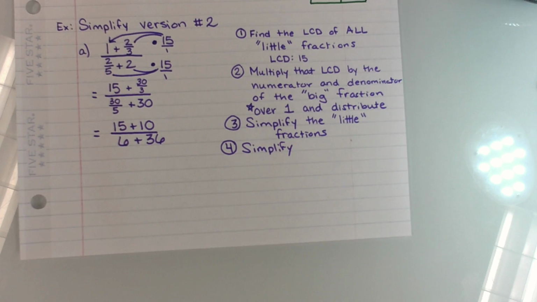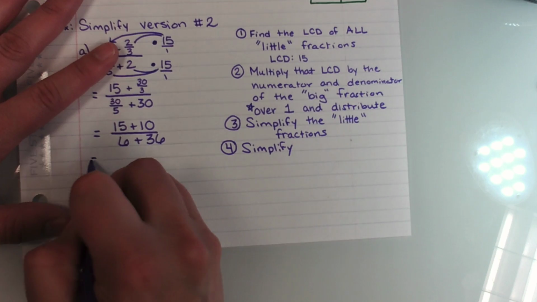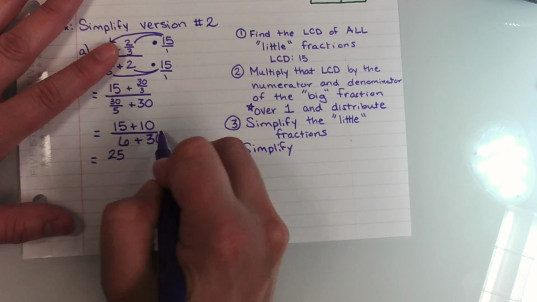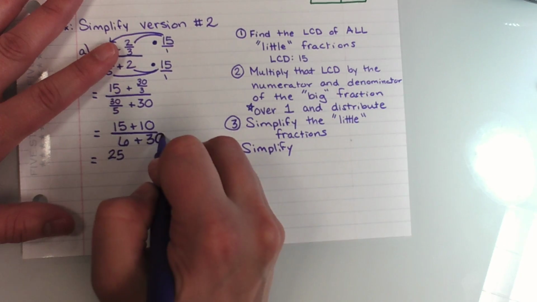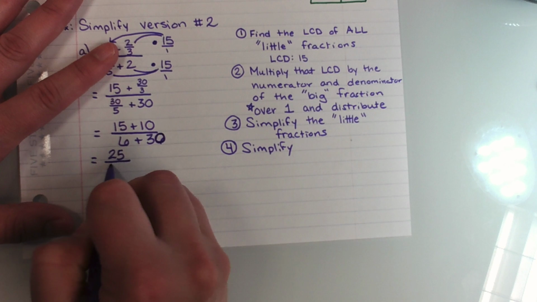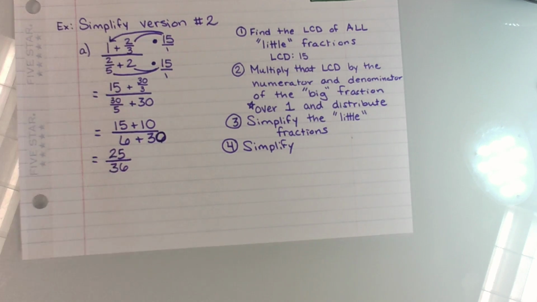And you simplify now the big fraction. 25, I wrote 36 accidentally, that was a 30. And we get 25 over 36.